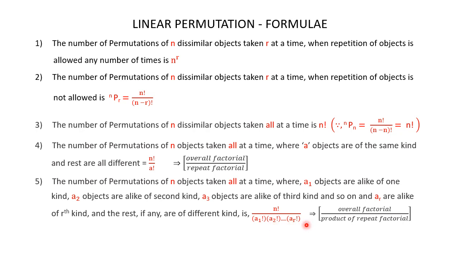Now you can remember this formula as overall factorial divided by product of the repeated factorials.